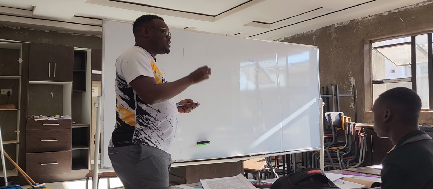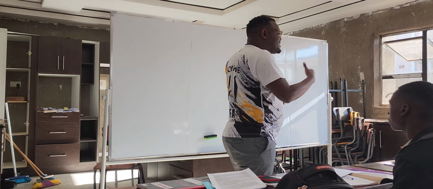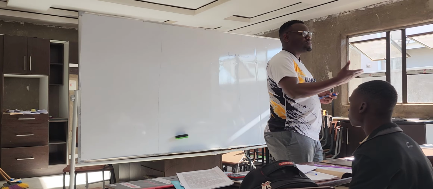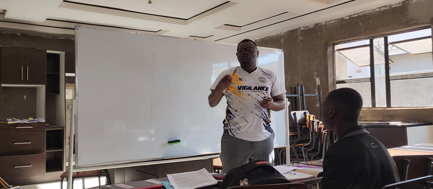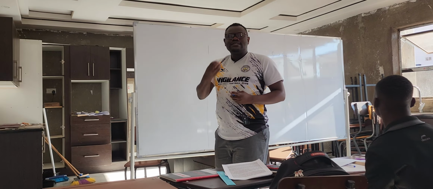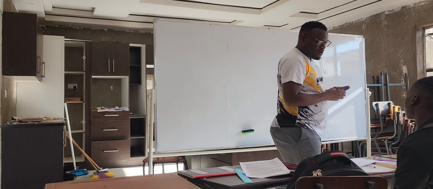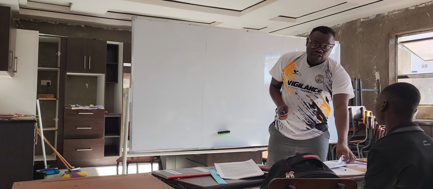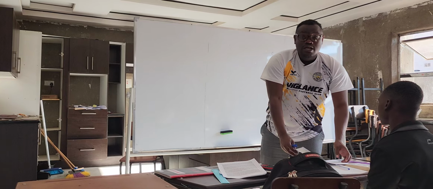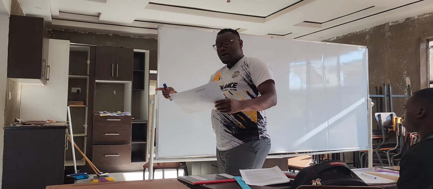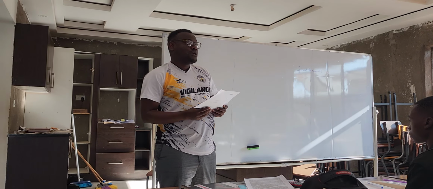When I task you to write an email, there is a certain way of how you have to present an email. If I task you to write a report, there is a certain way you are supposed to write that report. Right. So today we are going to look into email writing. We are going to look into the format of how an email is supposed to be written.